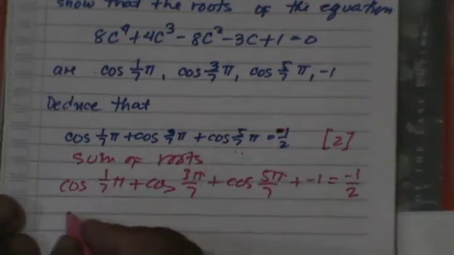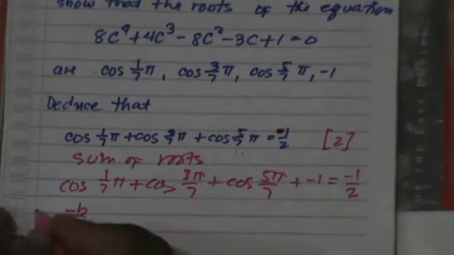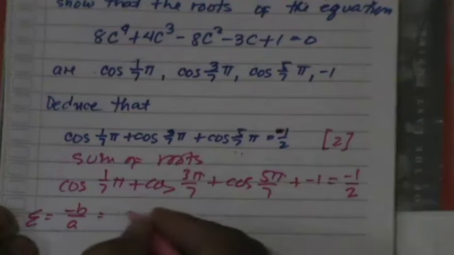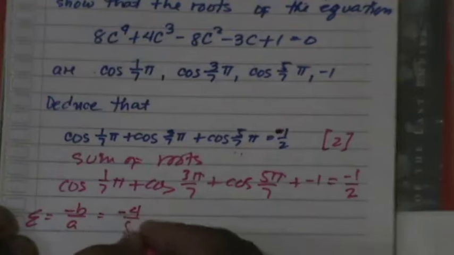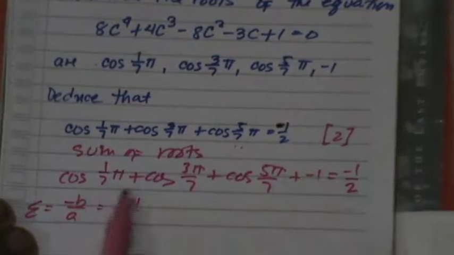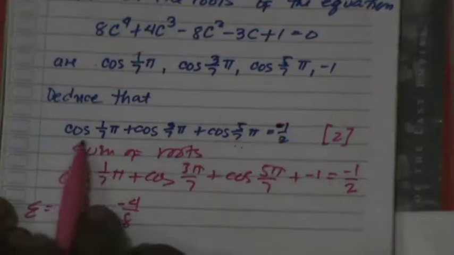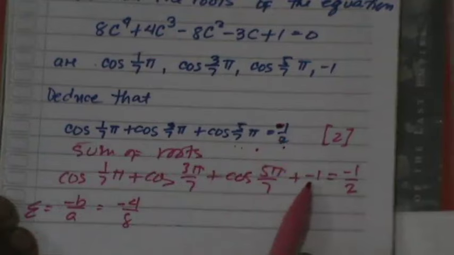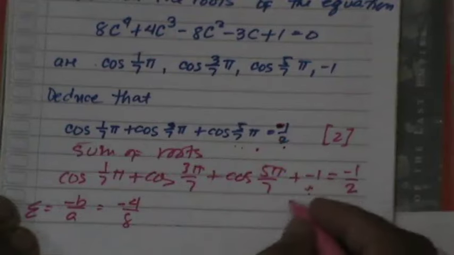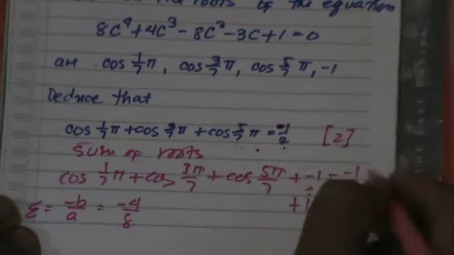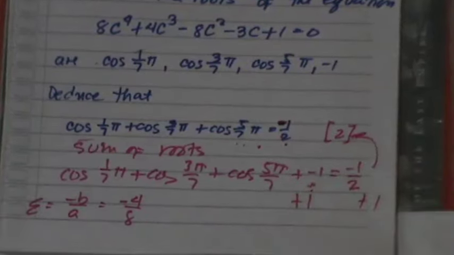Again, the negative b over a is the sigma of the roots, which is equal to negative 4 over 8, and that includes the negative 1. But the problem is just asking that this portion here is equal to 1/2. So because negative 1 is included there, you need to add plus 1. So therefore, you can get that expression.